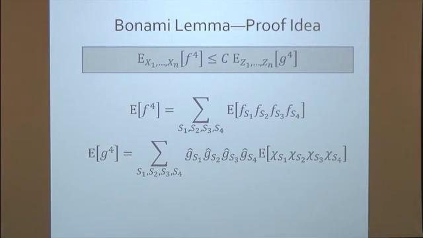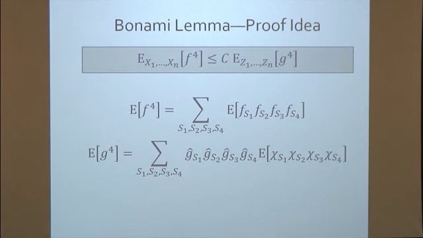So now the only thing that we need to show is that this expectation is at least 1. And here we have a slight problem. If some variable doesn't appear in these sets S1, S2, S3, S4, then what we have here is just the product of variables z, right? And we can write it as variable z1 to some power times variable z2 to some power and so on, and these variables are independent.